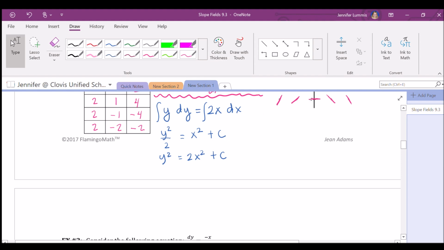And then if we knew an initial condition, we could solve for c. Without it, we're just going to leave c as part of the problem. If we need to get y by itself, remember when you square root, definition of square root of y squared, we're going to get plus or minus the square root of 2x squared plus c.